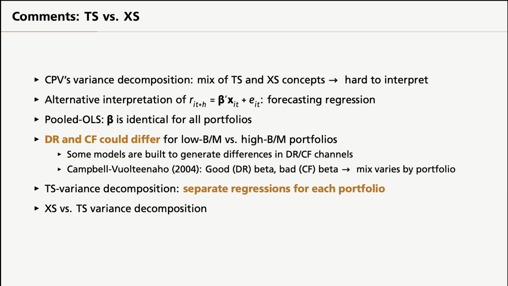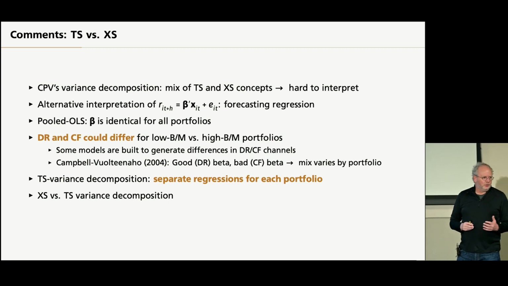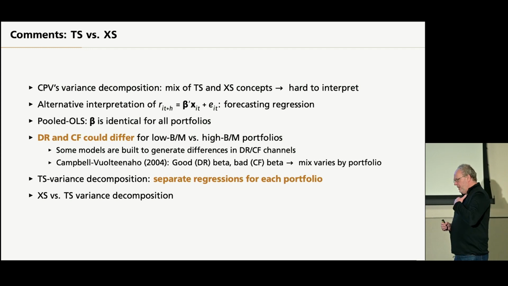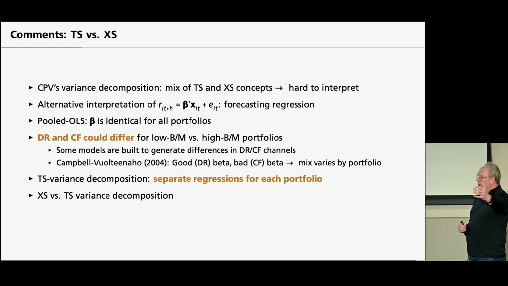That's the restriction of the pooled OLS. However, we know that conceptually, these discount rate and cash flow channels might differ for different portfolios. If you have a value portfolio, you might get different cash flow to discount rate channels than for, say, a growth portfolio.